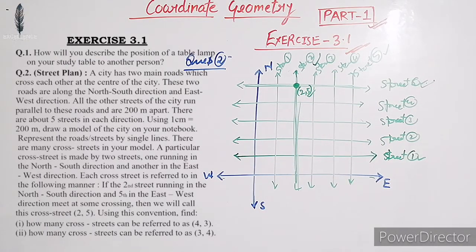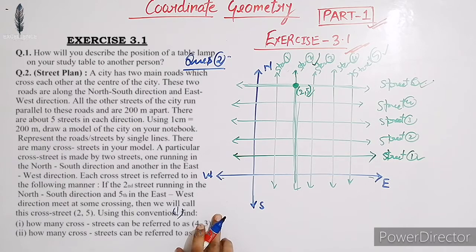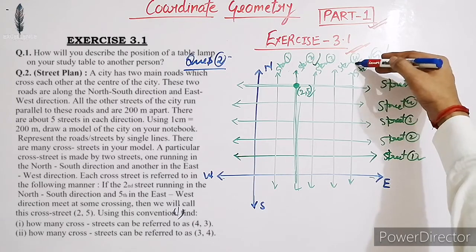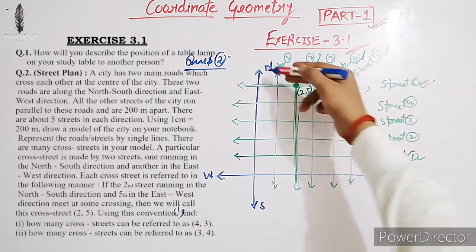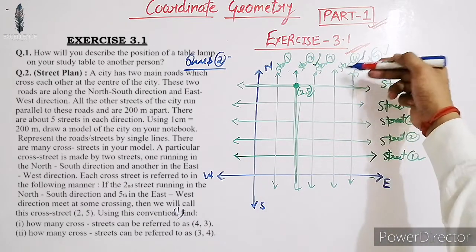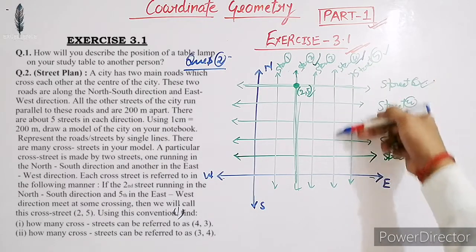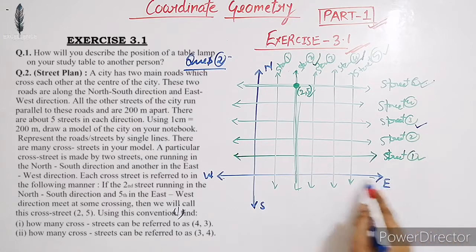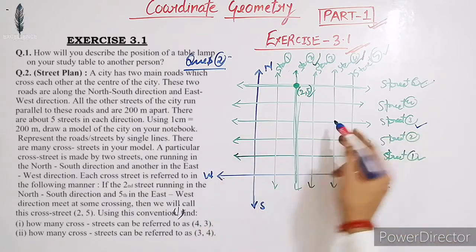Okay, now the question says, using this convention, find, first, how many cross streets can be referred to as (4, 3). According to the question, (4, 3) means fourth street running in north-south direction, this street, students, and third street running in east-west direction.